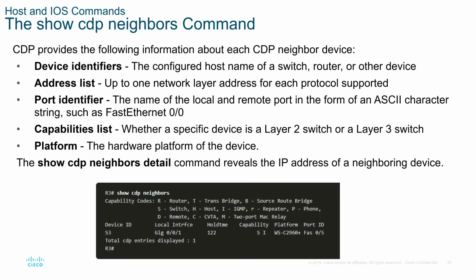You can use show cdp neighbors. CDP, or Cisco Discovery Protocol, works at layer 2 and is turned on by default. We need CDP for voice over IP phones.